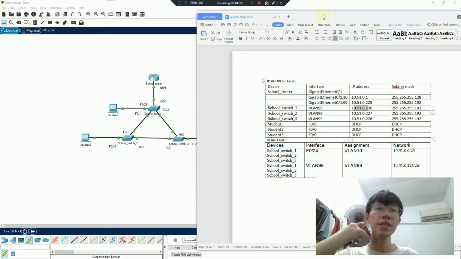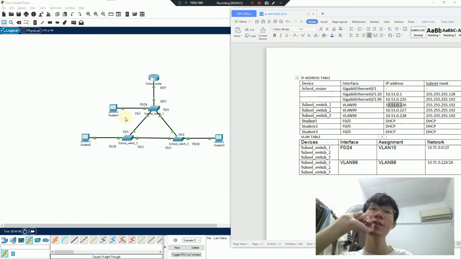The next is the PCs. I named them student 1, student 2, and student 3. Student 1 is connected to switch 1 by fast Ethernet 0/24, student 2 is connected to switch 2 by interface fast Ethernet 0/24 also, and student 3 is connected to switch 3 with fast Ethernet 0/24.